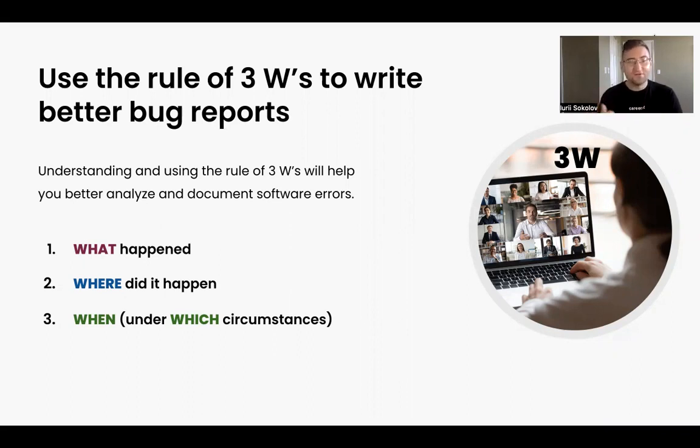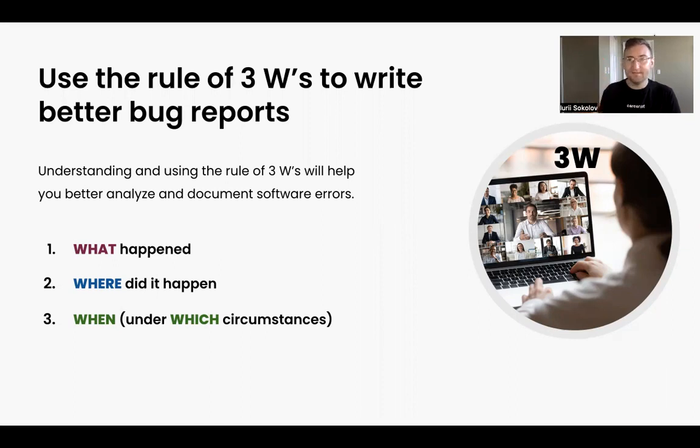The 3 W's. First, what happened? Before you even start writing a bug report, when you test and see that something is off, you potentially see the problem, you need to analyze in your head what happened, what went wrong. Then you need to come up with an answer to: where did it happen?